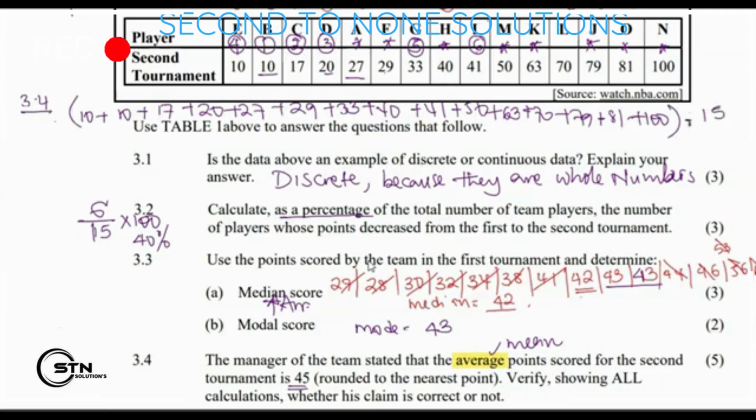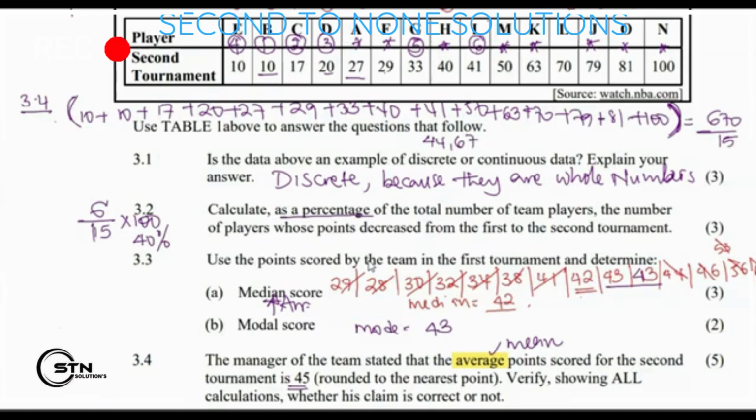If you want to do it like me, please don't forget you need to put the brackets. Or if you don't want to do it like me, get your answer after adding this. What answer do you end up having? I believe you have the answer as 670. Divide this by 15. So you end up having the answer as 44.6.